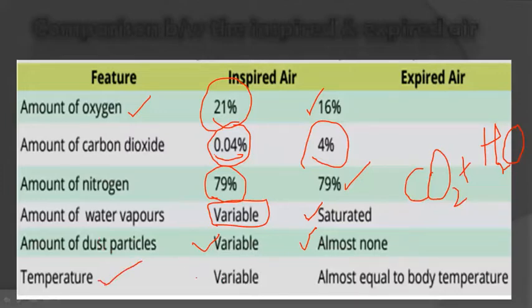Temperature is variable. Like in cold, there is lower temperature; in summer, there is higher temperature. We inhale hot air, we inhale cold air. That is variable, but almost equal to the body temperature. We know this process as well, that cilia and mucus present in our body do not only broom out dust particles and bacteria, but they also keep the air equal to our body temperature.